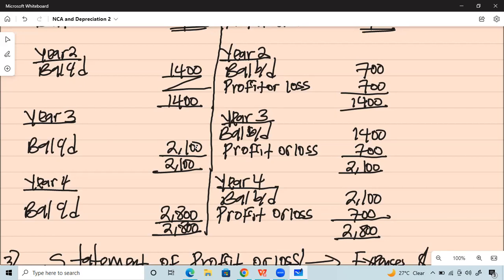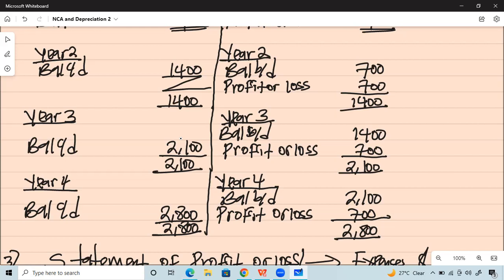Because the statement of financial position sees items in accumulated form. But the statement of profit or loss is only concerned about what happened during this particular year, which is the depreciation for that current year.